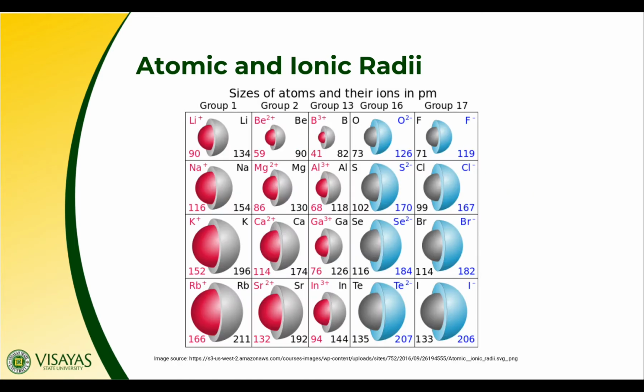Here is an example: from lithium to beryllium to boron. The sizes, this one in gray, decrease from left to right, again because of the effective nuclear charge. The electrons are more attracted towards the nucleus, so that results in a smaller size of the atom.